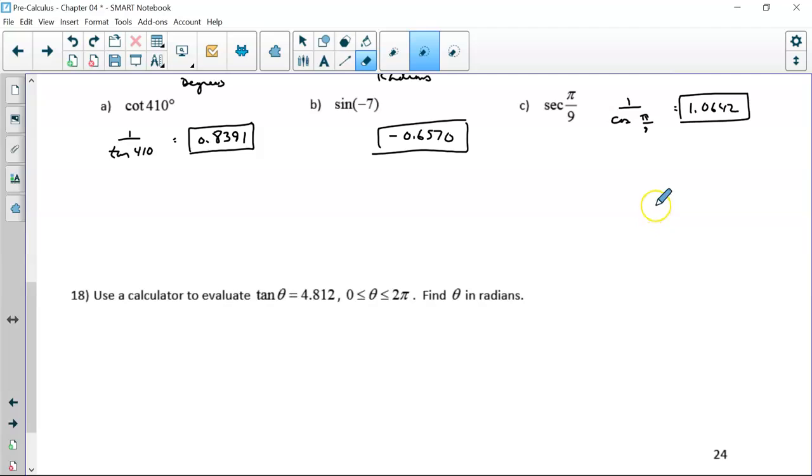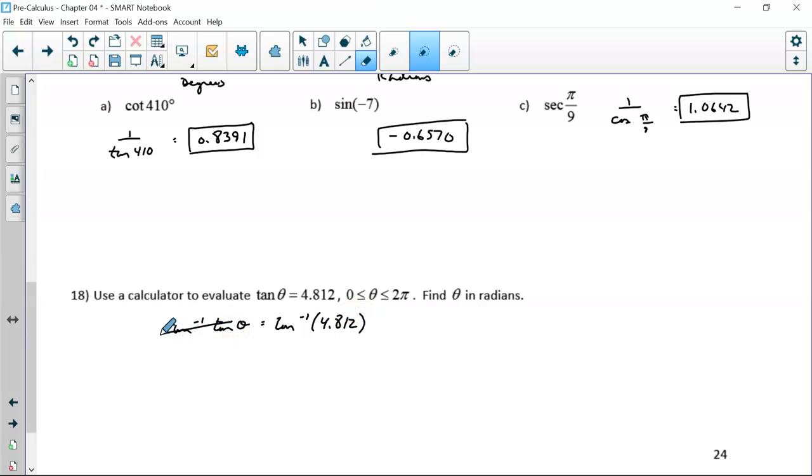And now to evaluate the tangent of 4.812, find theta in radians. So what we're going to do is theta is between 0 and 2 pi. It's going to bring us back to that angle that's less than 1 full circle. So to undo tangent, you want to use the inverse tangent. Tangent inverse of tangent theta equals the tangent inverse of 4.812.